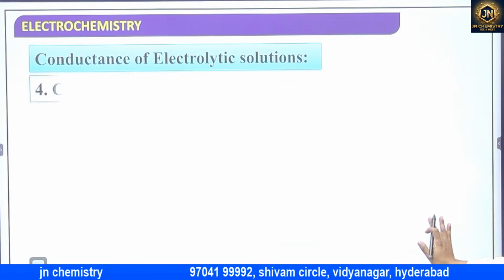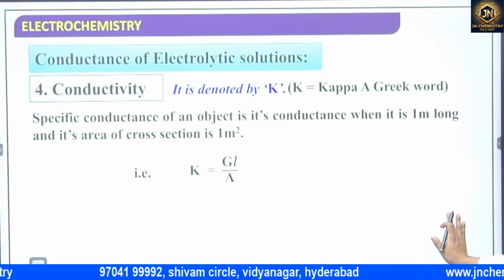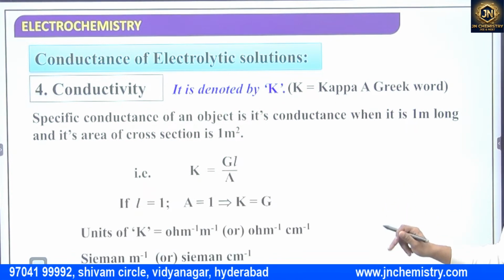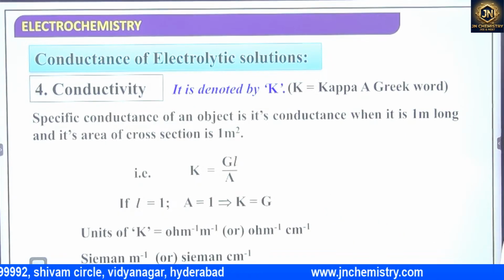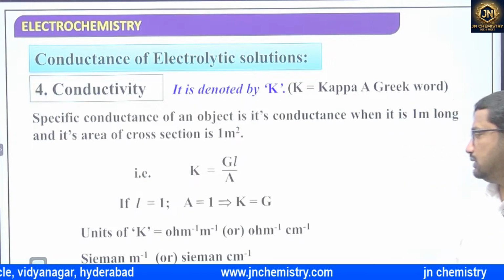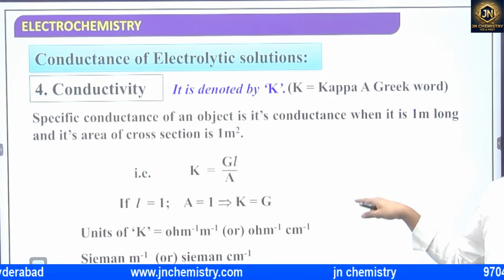Then conductivity, K, is inversely related, with units ohm inverse meter inverse. Ohm inverse is nothing but Siemens, or per centimeter. So take the screenshot, we already discussed.